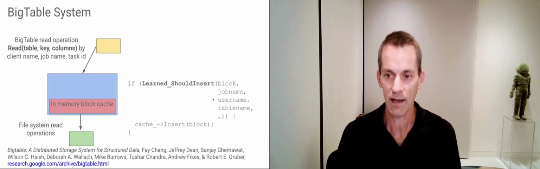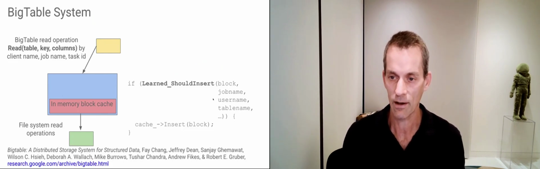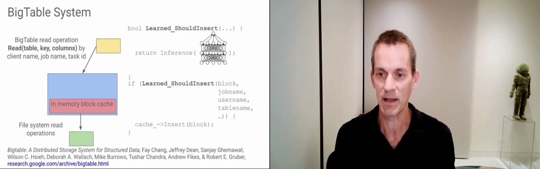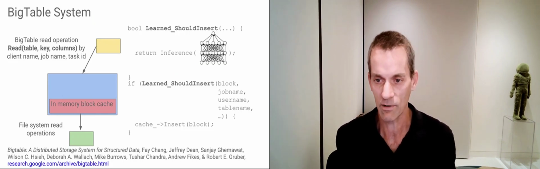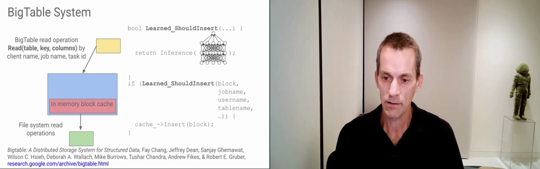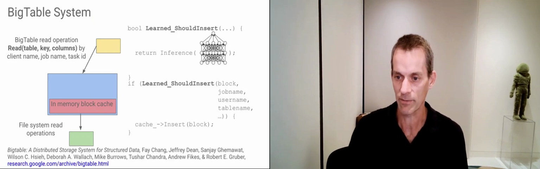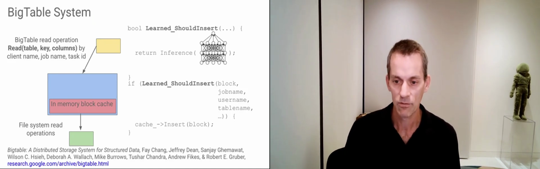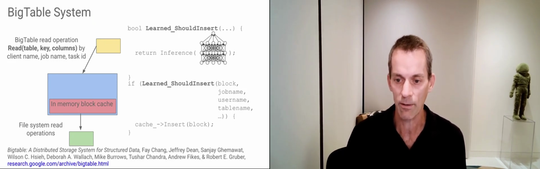But you would never actually want to write that code in the core of your computer system. Things that depend on particular job names and have very different behavior when there's one job name versus another. But you could imagine a learned should insert operation that takes a bunch of contextual information that's available, maybe the job name, or the username, or the table name, some other things, and makes a decision about whether to insert the block.